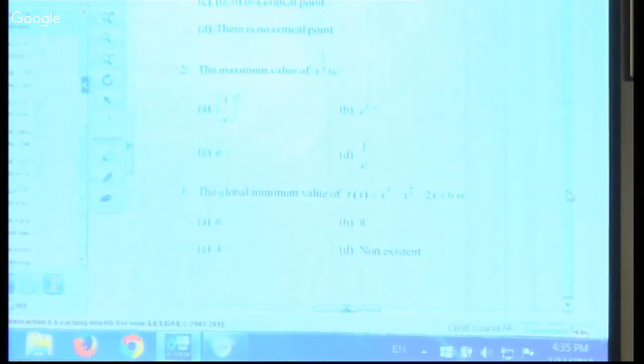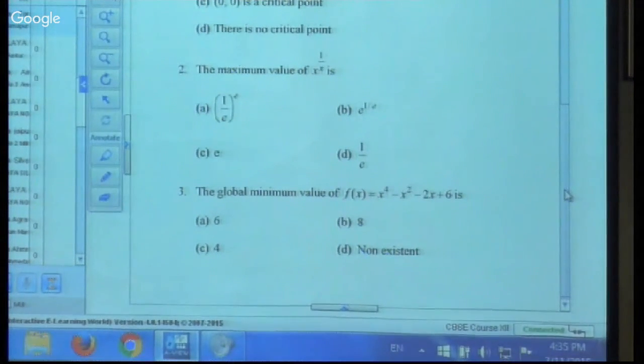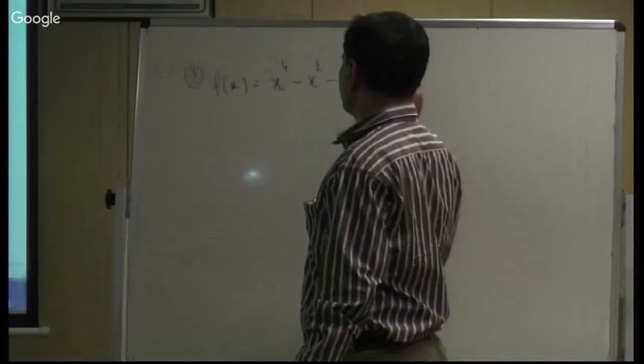Third question, you have to find the absolute minimum value. Absolute minimum value of this function. f(x) is equal to x raised to the 4 minus x square minus 2x plus 6.